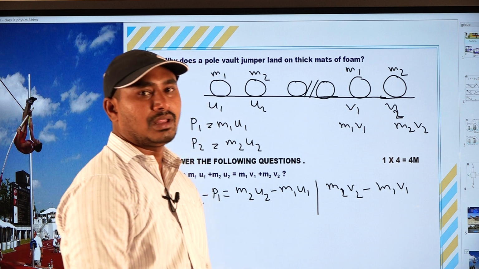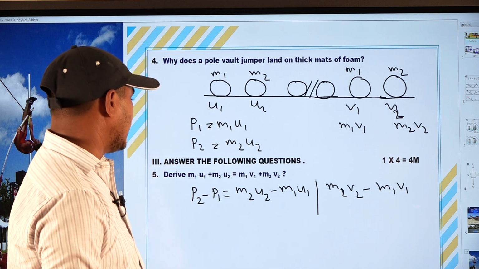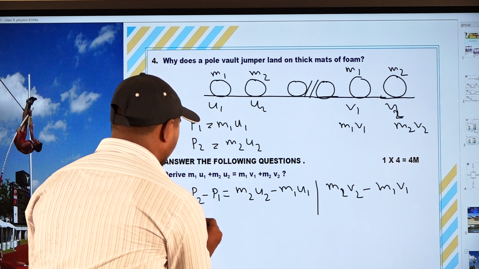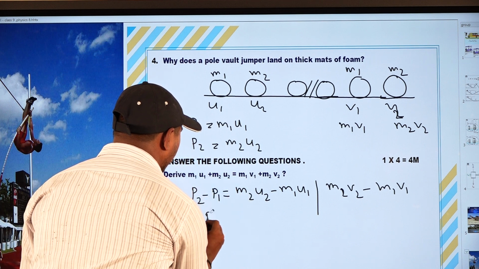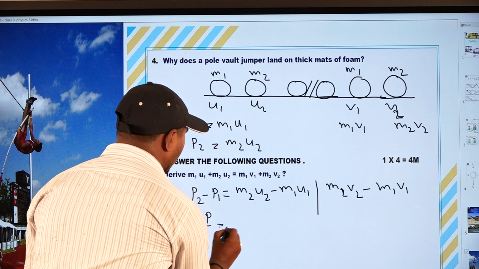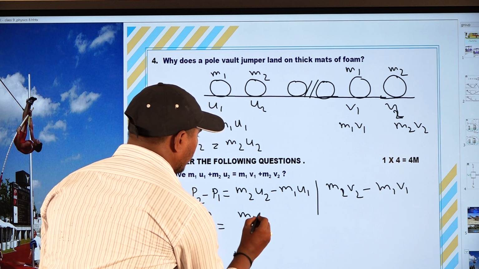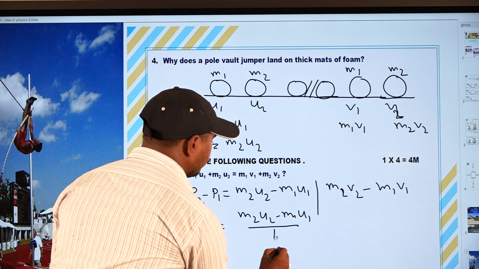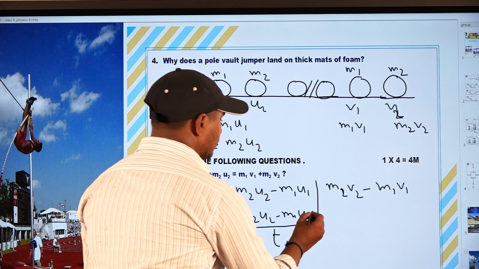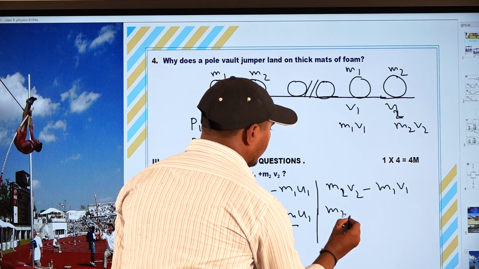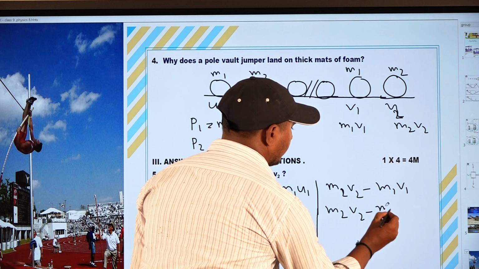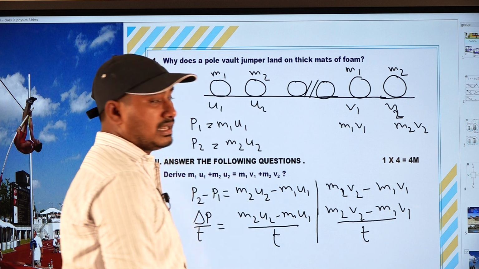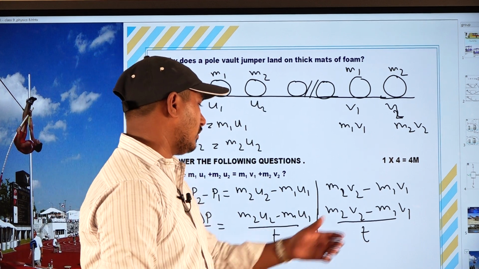Next, the rate of change of momentum means comparing with time: delta p by t is m2 u2 minus m1 u1 by t, and also m2 v2 minus m1 v1 by t.